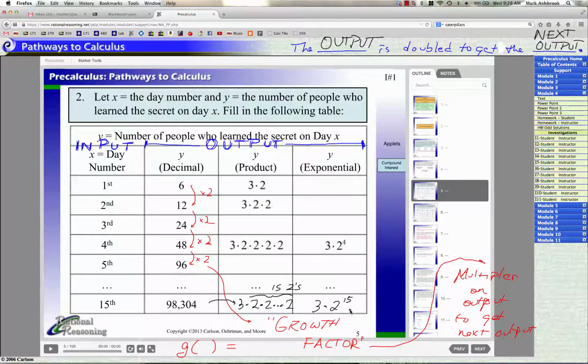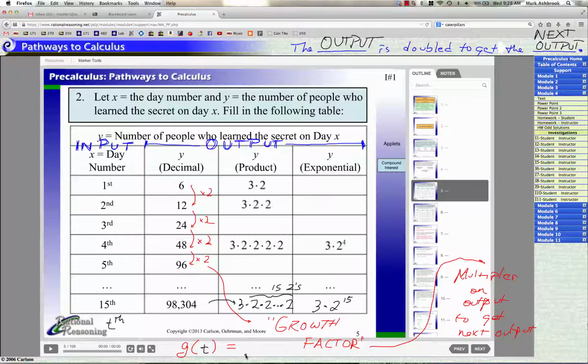Okay, so then what about on the xth day? Or let's do t. Let's change it to t. So on the t-th day, that's our input. So we'd have g of t. And what would be the rule to get the number of people who have learned the secret? Alexis, can you tell me the rule then?